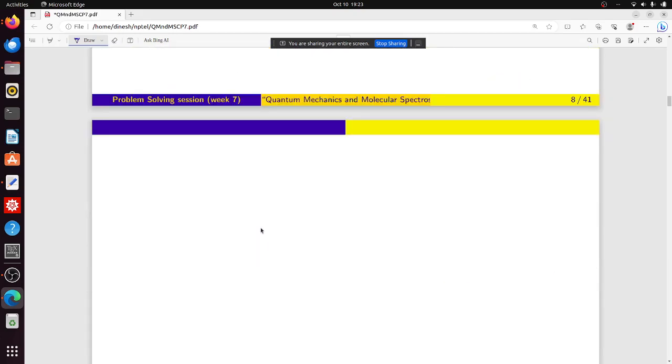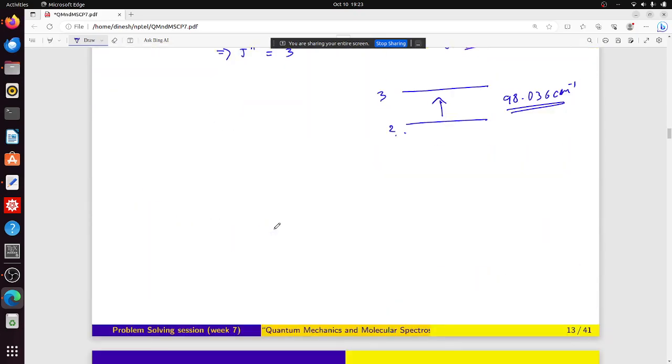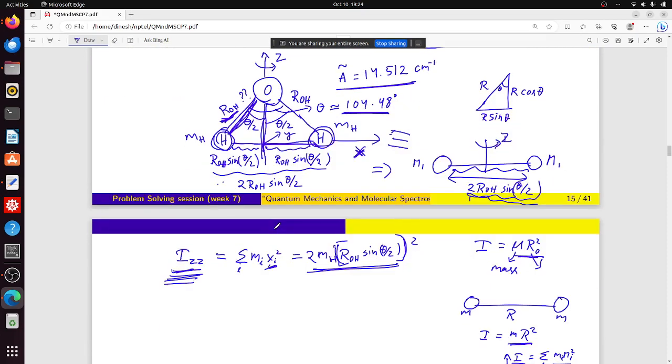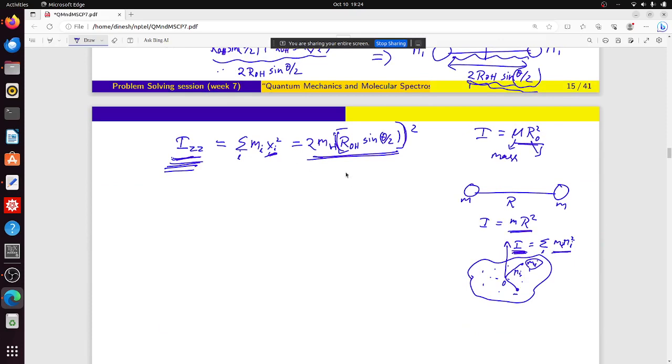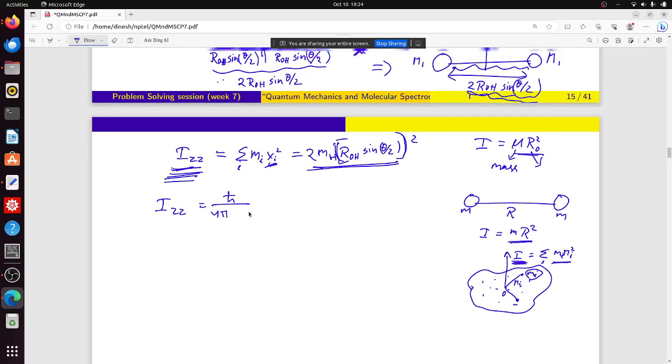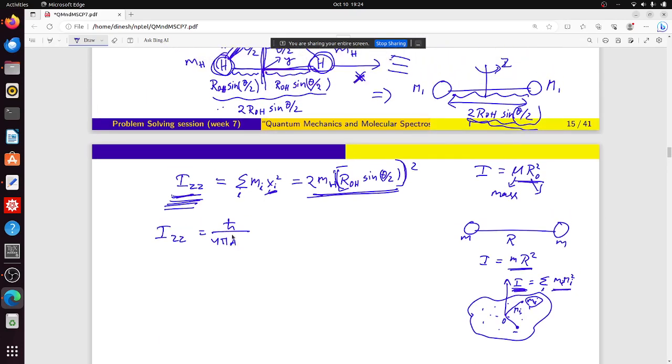Then we already have the moment of inertia form. So I_ZZ I can write to be h cross over 4 pi A tilde C. For this question the notation is A tilde.